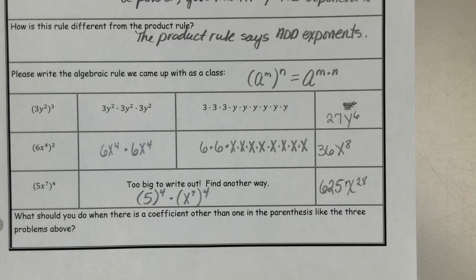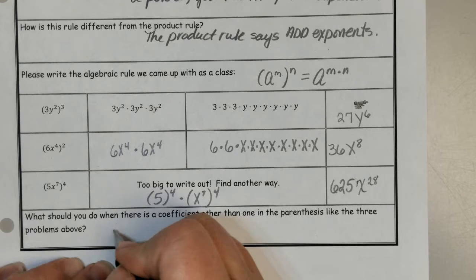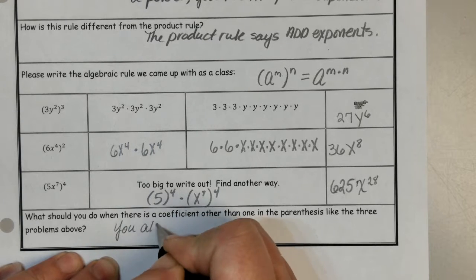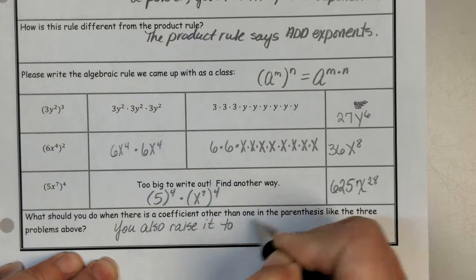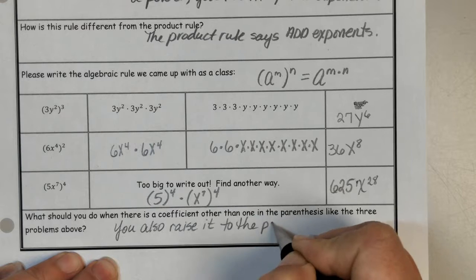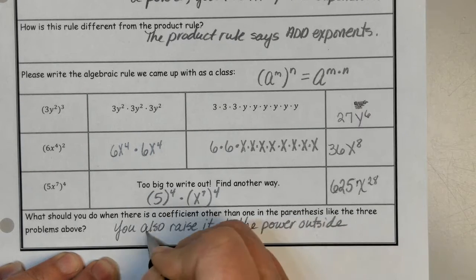So what should you do when there's a coefficient other than 1 in the parentheses, like the 3 problems above? You also raise it to the power outside the parentheses.